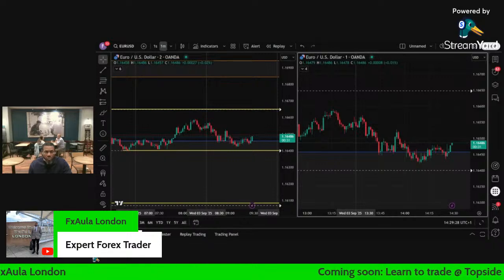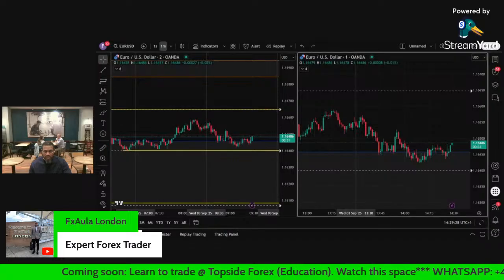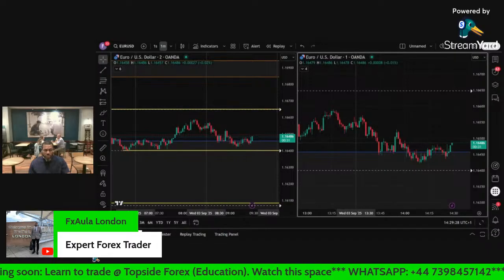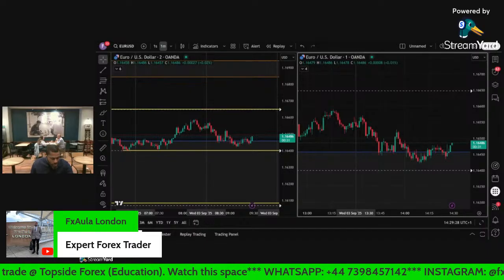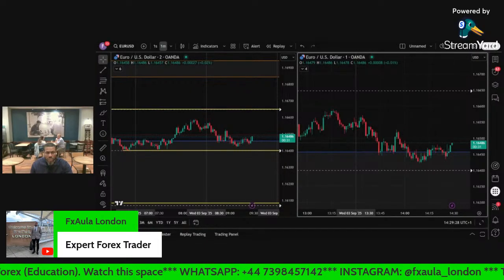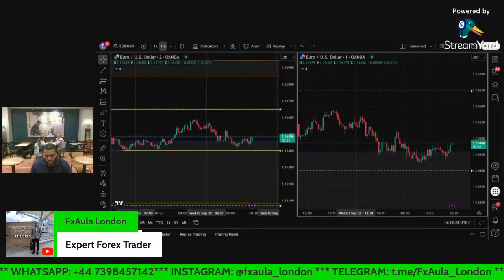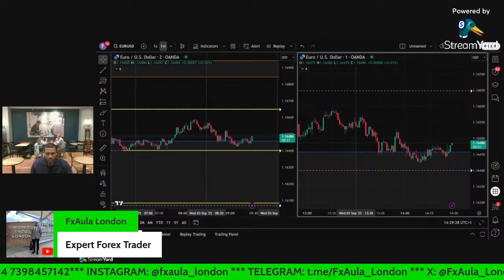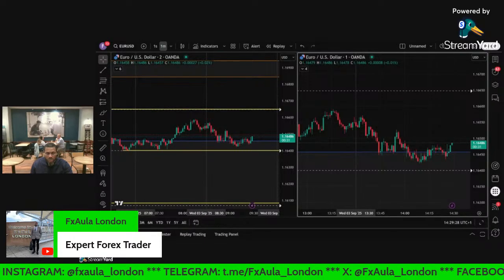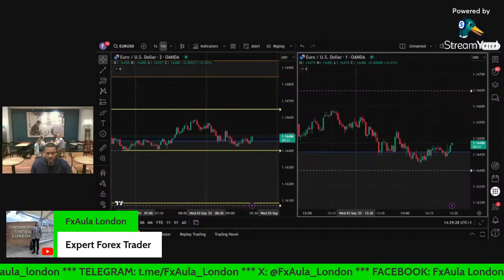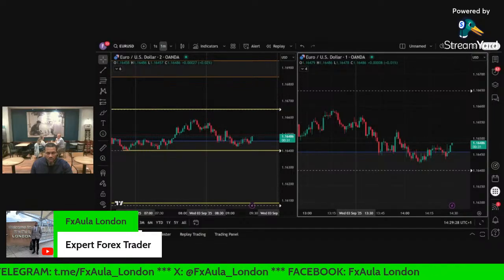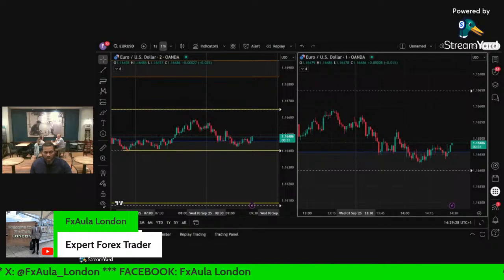But let's assume price is able to break out of this pattern. Okay, I'm ready to go. It allows me to enter when the breakout happens.